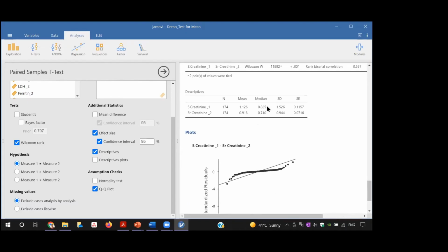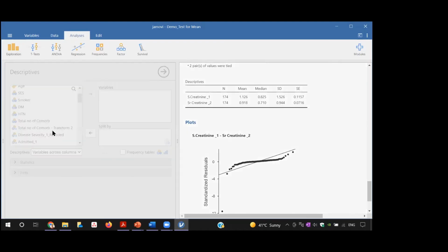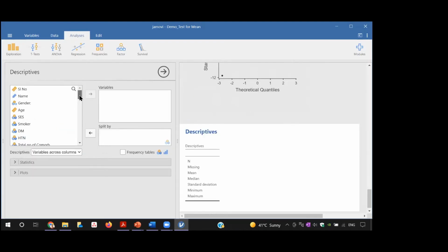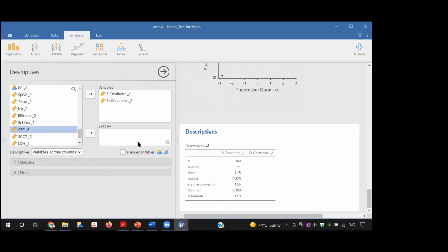So again, for the interquartile range, you have to go to the explore and you have to take out the interquartile range of both the values. You will go to descriptive, you have to shift this creatinine 1 here, and creatinine 2 also.